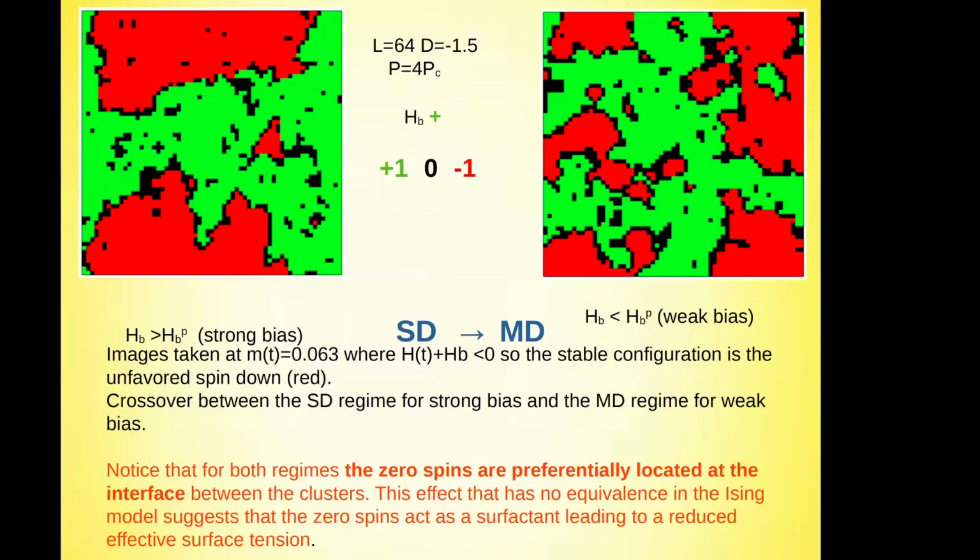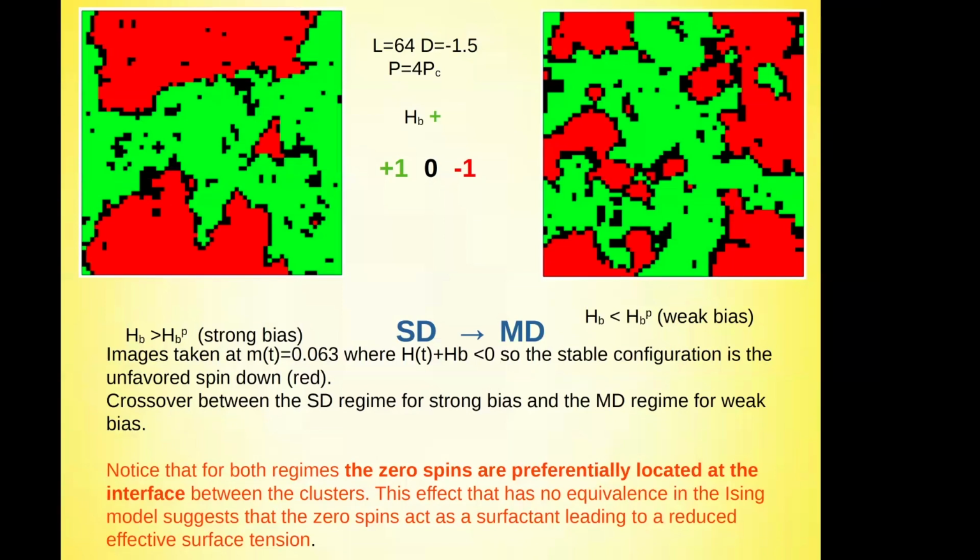Notice something interesting. In both regimes, the black points are zero spins. The zero spins are located at the interface between the droplets. There are some zero spins around, but basically the interface between the two phases is always zero.